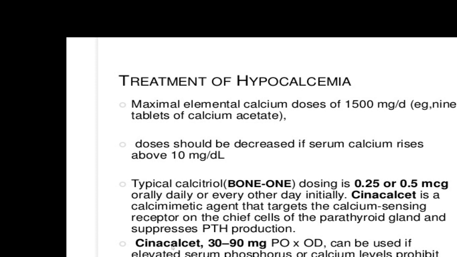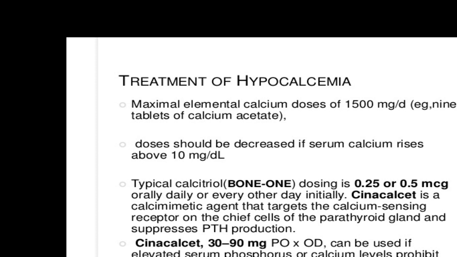Treatment for hypocalcemia would be oral calcium; the maximum dose should not be more than 1005 milligram per day, and not more than that at any cost. But ideally, it should be at a lower dose.